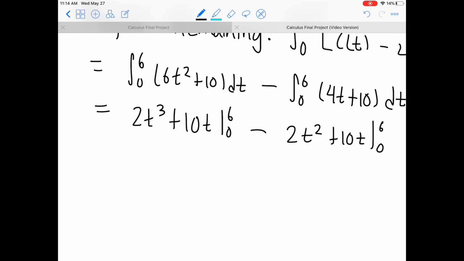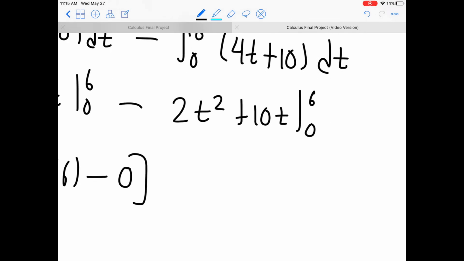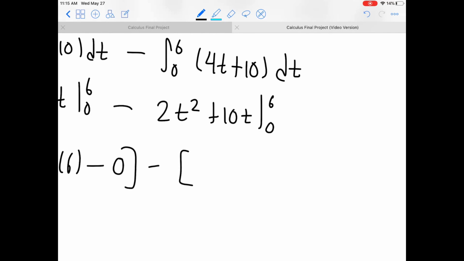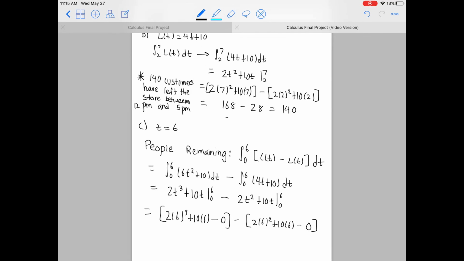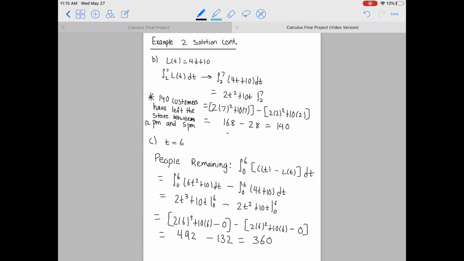After we plug in 0 and 6 into the first function, we get 2 times 6 cubed plus 10 times 6 minus 0. Since if we plug in 0 into the function, it would just cancel out. Minus, into the second function, if we plug in 0 and 6, we get 2 times 6 squared plus 10 times 6 minus 0, since again 0 would just cancel out the function. After simplifying, we get 492 minus 132, which is equal to 360 people.